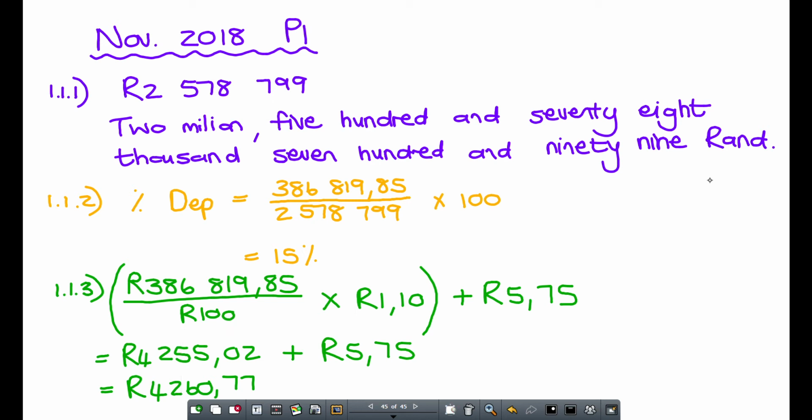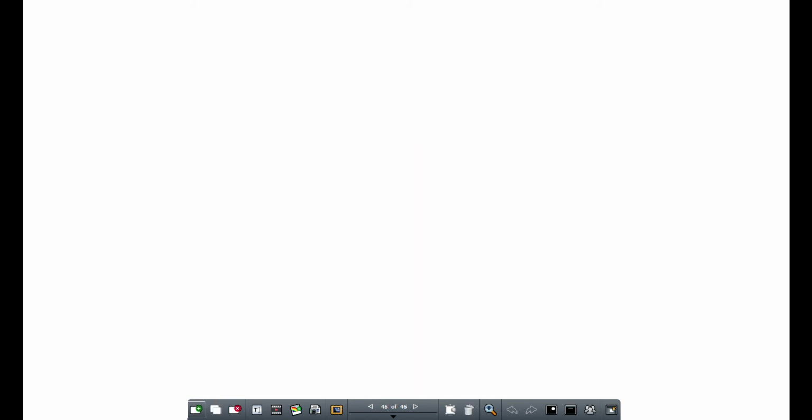Kan ek maar skip of is daar iemand wat nog afskryf? Okay. 1.2.1. Hier sê hulle vir my, table 1 below shows Babu's running time during a 2015 Comrades wedloop. Okay, nou kom ons kyk net gou na die tabel. Die eerste kolom sê vir jou die verskillende punte op die roete, né?